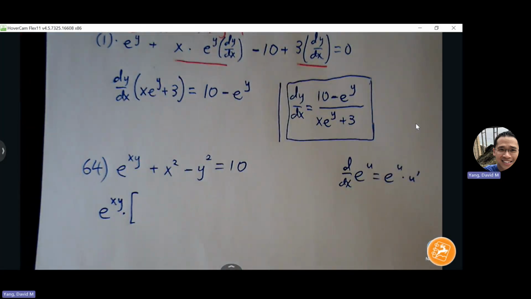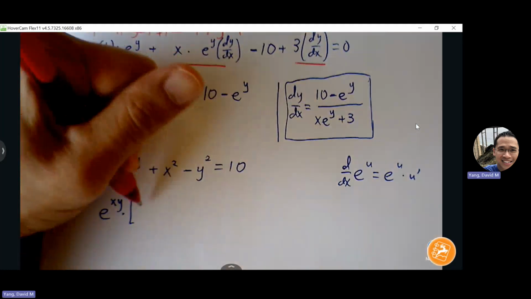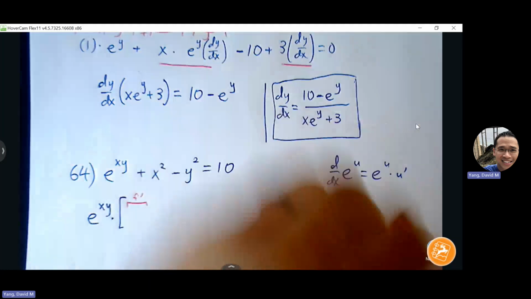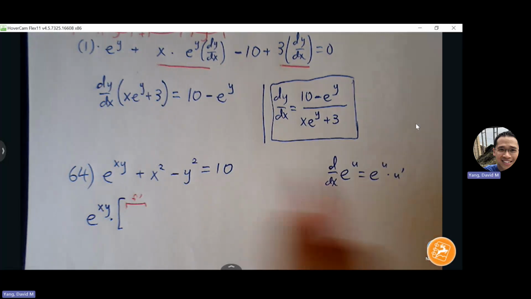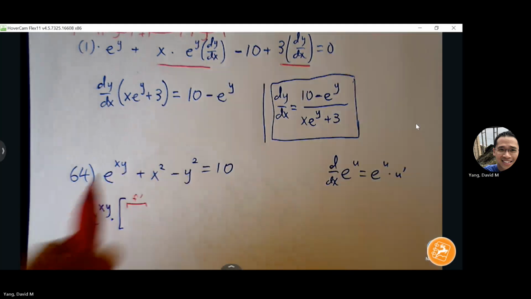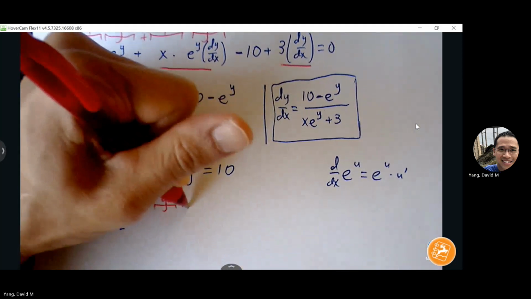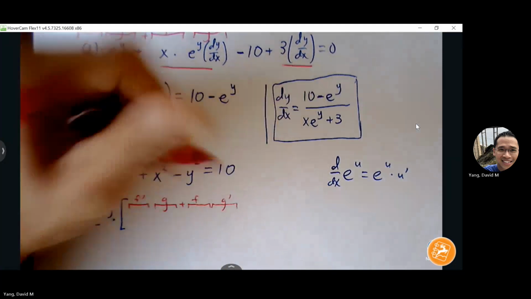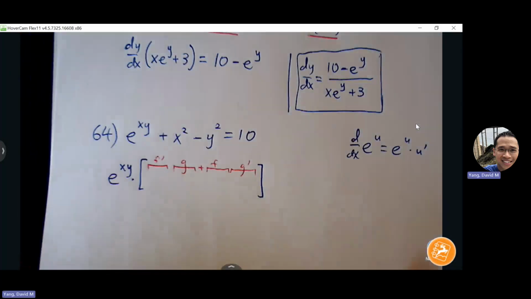now we've got to do what rule for xy? Product rule, right? Okay, so now we'll do product rule within this portion here. All this is just for the u prime here. This u prime in itself is going to have to involve product rule. So here's the big picture here.